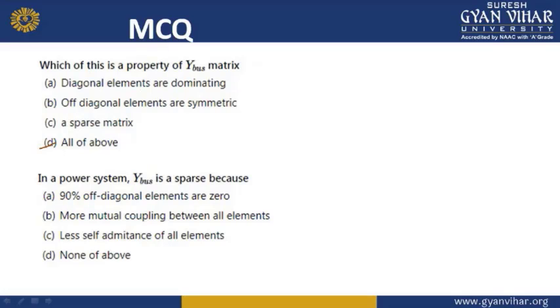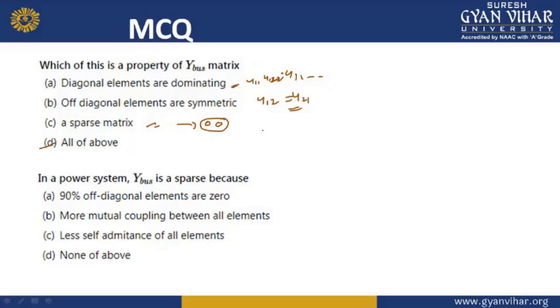We know that the diagonal elements are dominating, that is Y11, Y22, Y33, and so on. And off diagonal elements are always symmetric, that is Y12 is always equal to Y21. And it is a sparse matrix, that is, a large number of elements are zero, because if we are considering a large power system, we cannot say that each node is connected with another node.